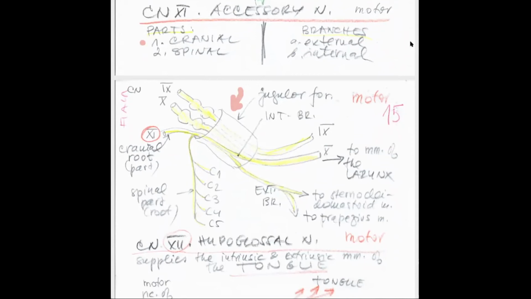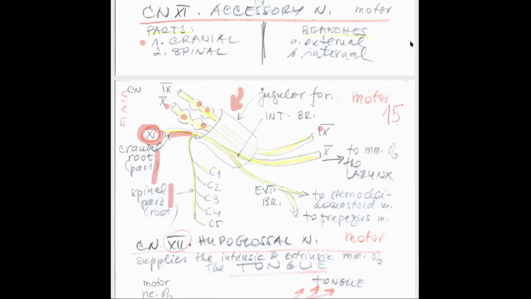If you look at this diagram, just for better orientation, we see nerve number 9 with 2 ganglia. As you see, the nerve number 10 with 2 ganglia. They leave the jugular foramen, both 9, 10. They go to larynx, etc. And then we are at the nerve number 11. This has, as we said, 2 portions: cranial, we can call it also root or part, and also spinal, spinalis, root or part.